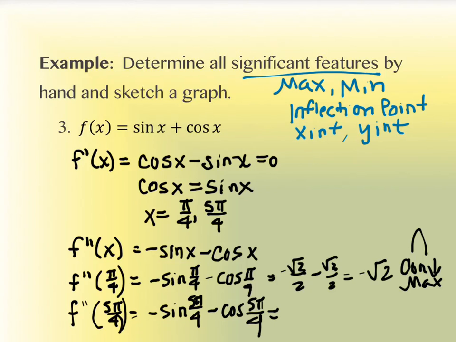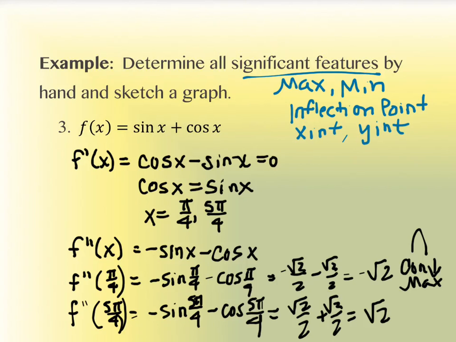5 pi over 4, what's the sine of 5 pi over 4? Negative square root 2 over 2, but there's a negative in front of this, right? So we're going to end up with a positive square root 2 over 2. What is the cosine of 5 pi over 4? Negative root 2 over 2 with a negative in front of it, so we have another positive. So this is actually square root 2, which is a positive number.